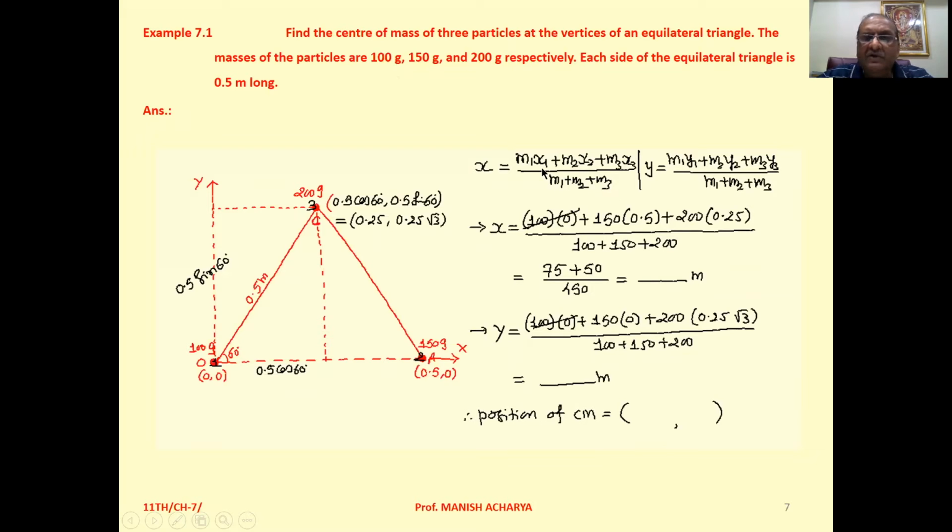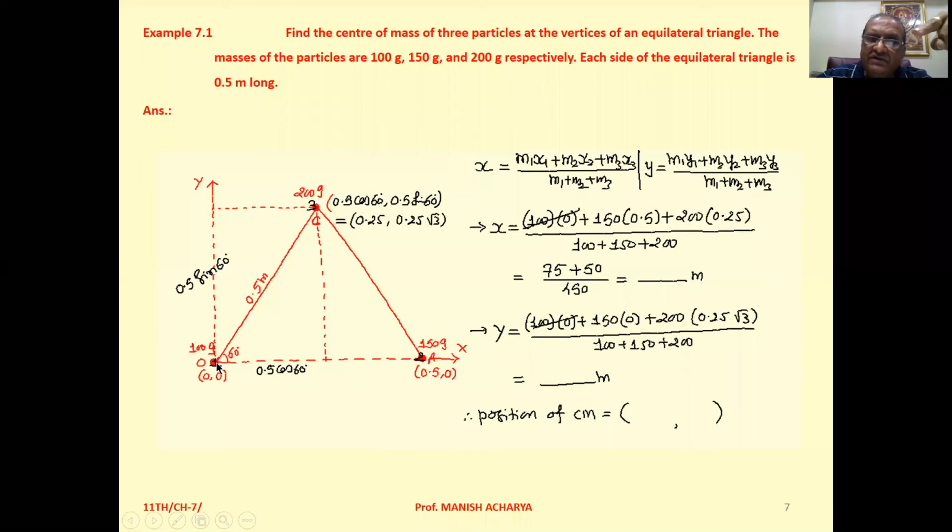But first of all, we have to take x1, y1, the coordinates of the position of particle number 1. Then x2, y2, the coordinates for the position of particle number 2, and x3, y3, coordinates for the position of particle number 3.